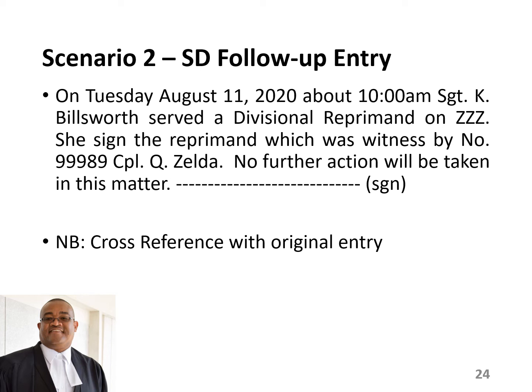She signed the reprimand, which was witnessed by number, and you put the name of the witness. And you put a note that no further action will be taken in the matter. And you sign that entry and ensure that it is cross-referenced with the original entry.